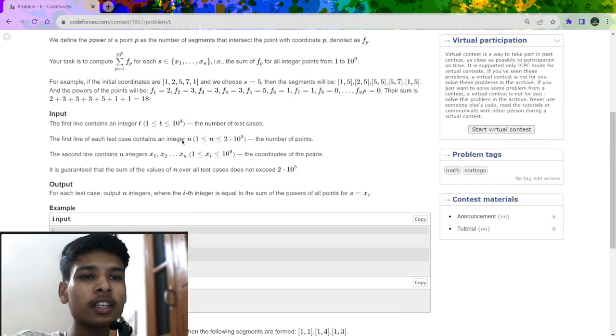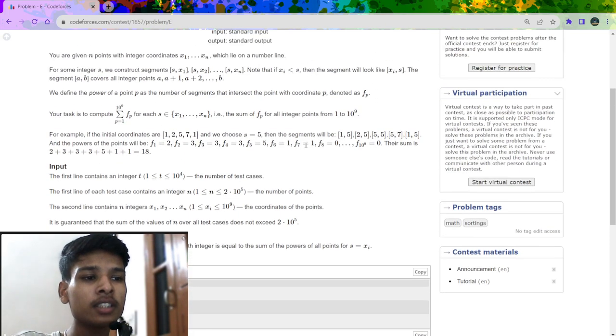I can show you this example. In this case, they have chosen the integer 5 and created ranges like the ones I told you previously. Now the occurrence of 1: we can see the number of times 1 occurs in those segments. My number 1 occurs in two segments, which are 1 to 5 and 1 to 5, so the occurrence of 1 is 2.